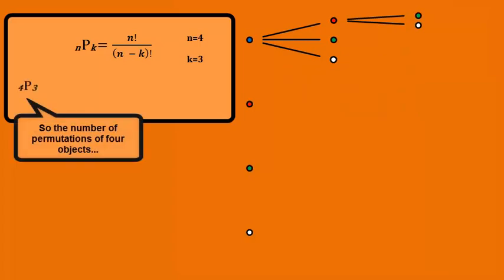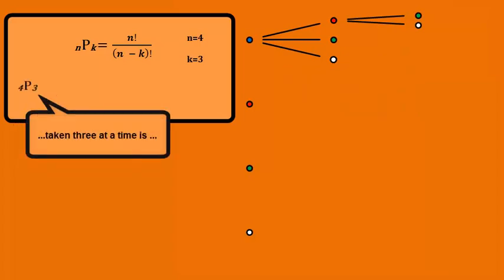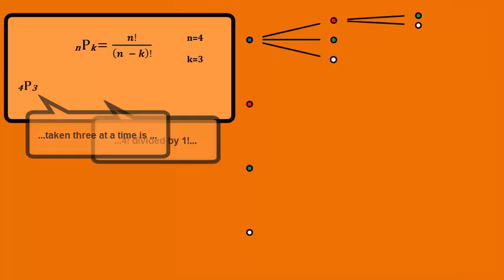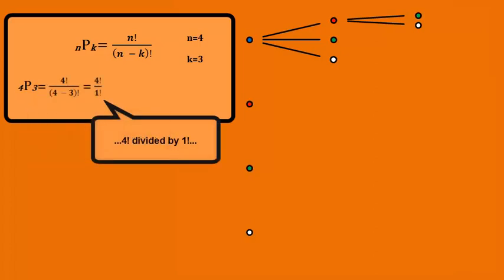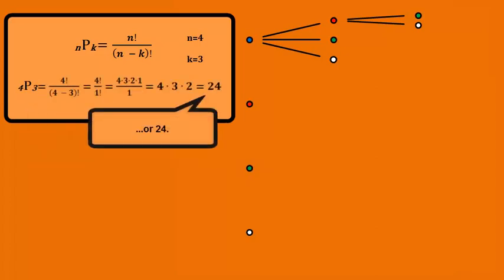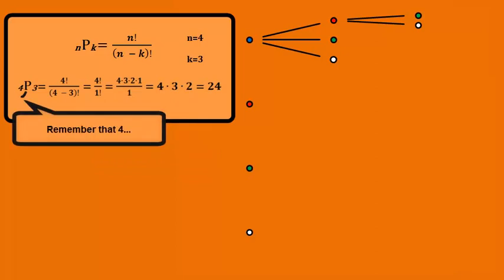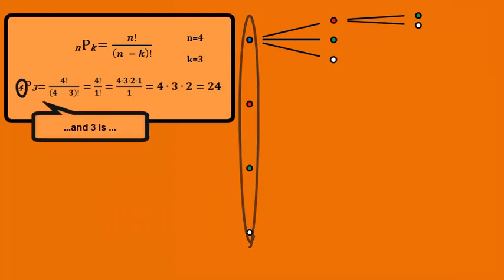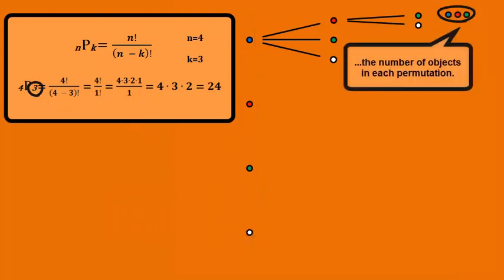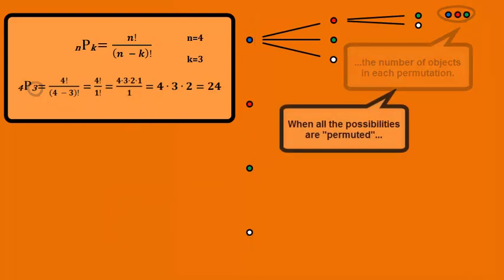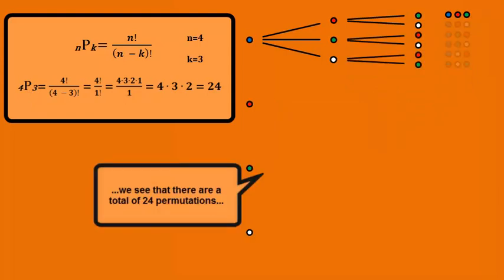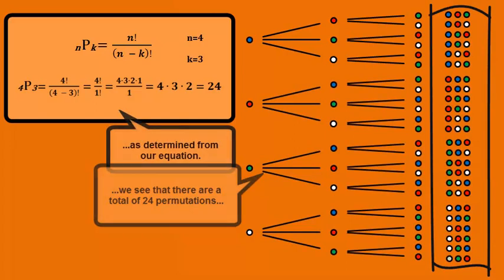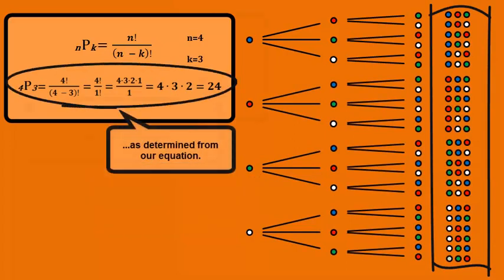So the number of permutations of 4 objects taken 3 at a time is 4 factorial divided by 1 factorial, or 24. Remember that 4 is the number of objects we started with, and 3 is the number of objects in each permutation. When all the possibilities are permuted, we see that there are a total of 24 permutations, as determined from our equation.